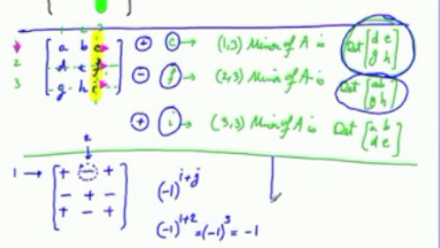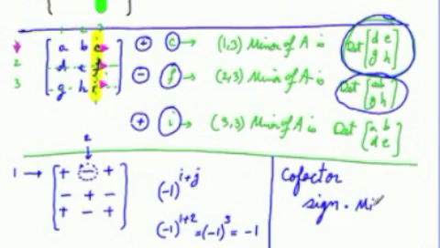One more definition. It's just a definition. Cofactor is the product of the sign, this sign that we have just talked about, times this minor that we talked about. It's just a name: this thing times that is called a cofactor.